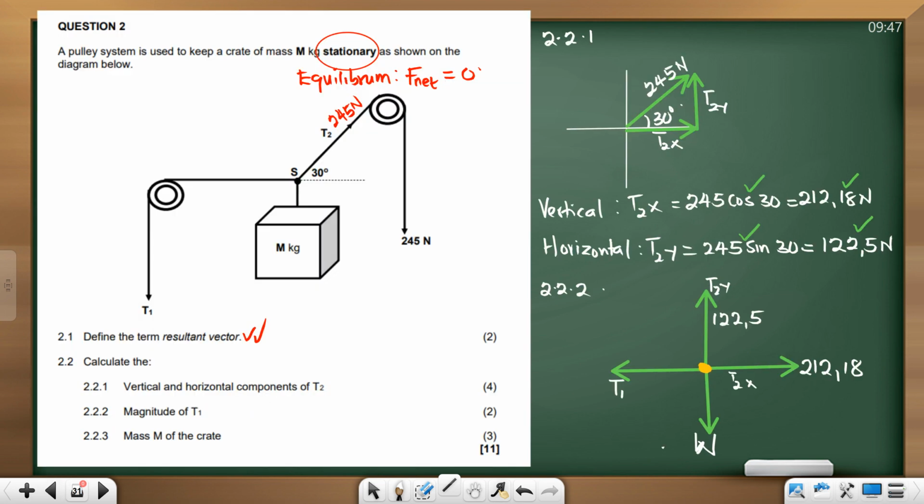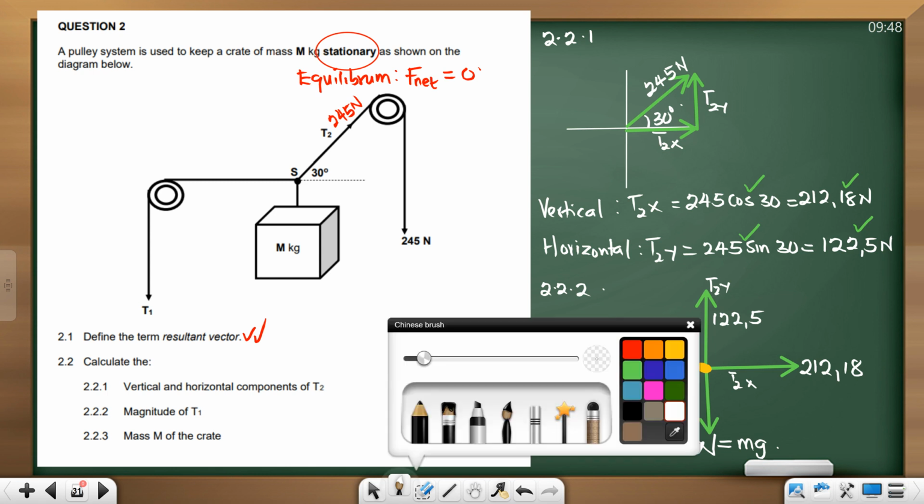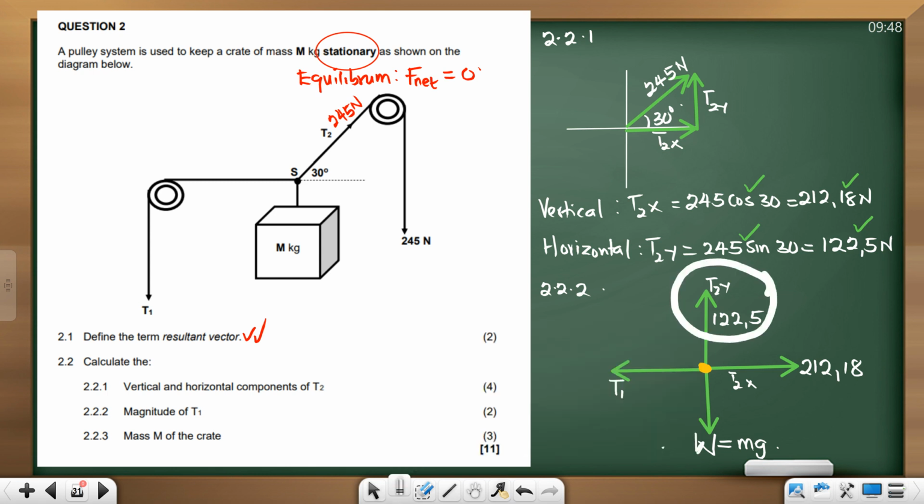Calculate the mass of the crate. Wait, where is m? Guys, mass is a small m, right? Hold on. W is equal to mg. And this system is at equilibrium, which means the force pointing upward must be equal to the force pointing downwards.